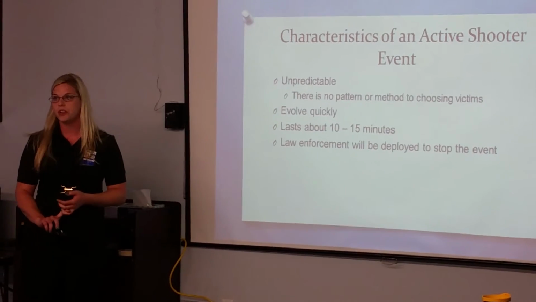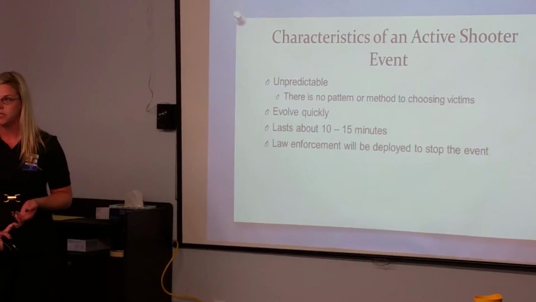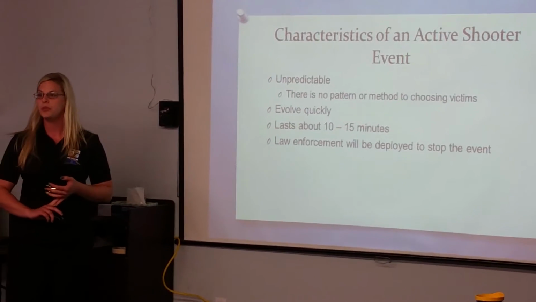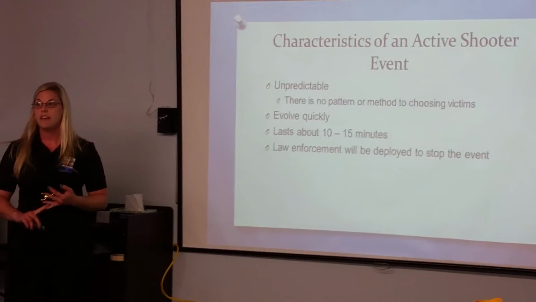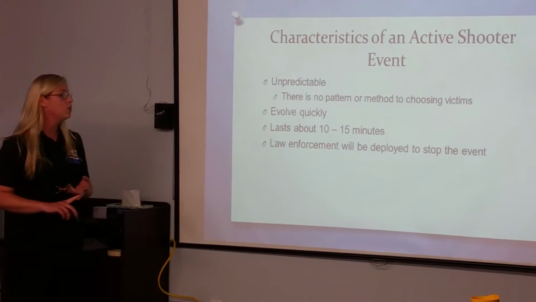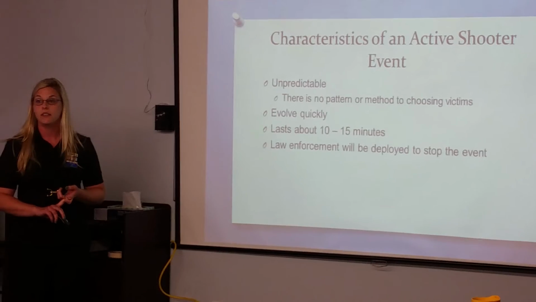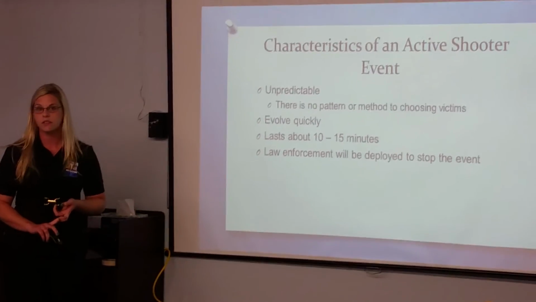When we look at active shooter events, we know that they're very unpredictable. They have no pattern in choosing their victims. It's really just who they come across. They evolve quickly. They only last about 10 to 15 minutes, and law enforcement is deployed to stop these events.